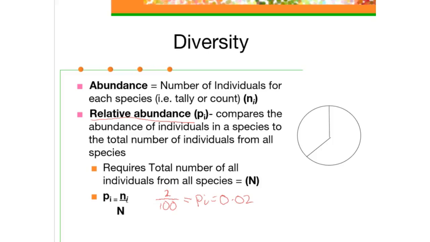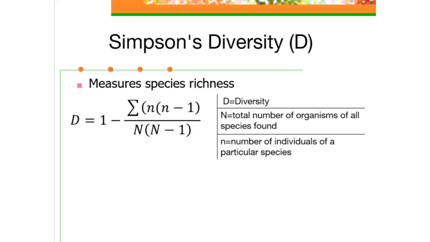Now we take this into account when we calculate Simpson's diversity index. So here's how you calculate it. It looks quite confusing, but it really isn't when you break it down. First of all, you have to have the sum, that's what this word thing here means, the sum of all of the individuals that you have in an area, and each one of their numbers is squared.